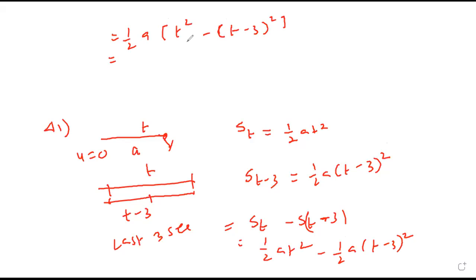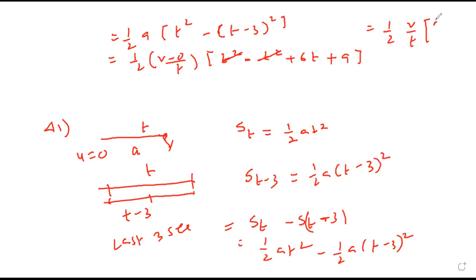Half a common, t square minus (t minus 3) the whole square. But I require my answer in v and t. So acceleration is v minus 0 upon t, into t square minus t square plus 6t minus 9. The t square cancels, so this will be half of v by t into 6t.